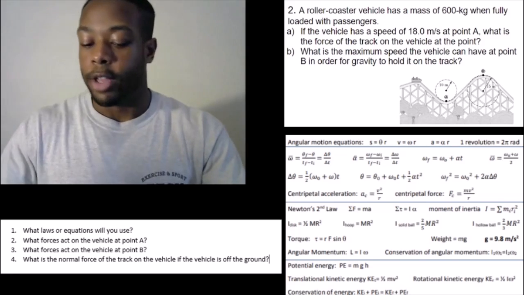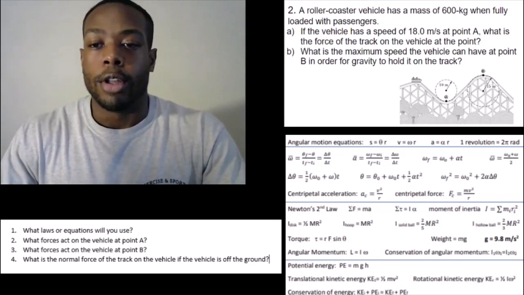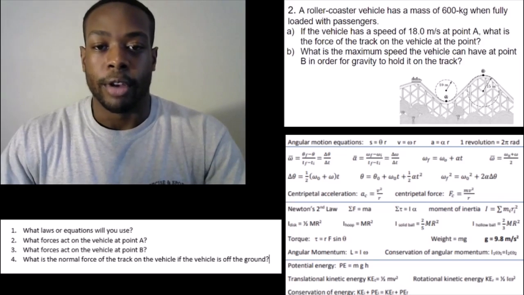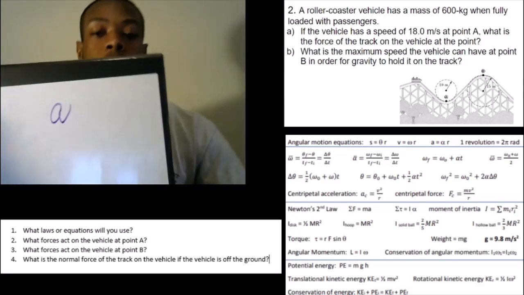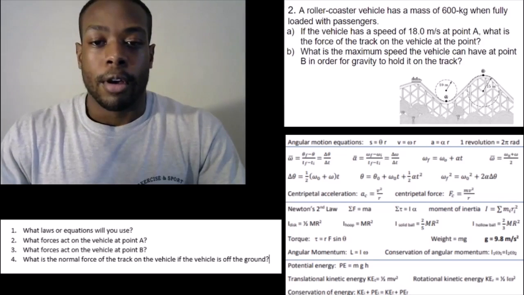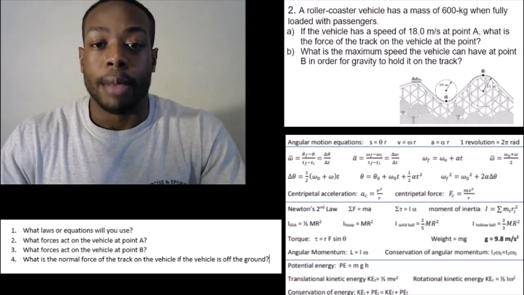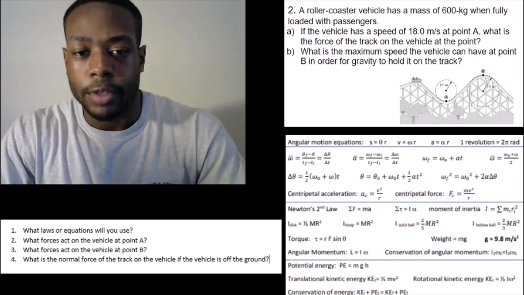One thing to consider though is this isn't your typical acceleration, is it? You're going to have to use centripetal acceleration. So it's going to be the fancy A, and that'll either be v squared over r or omega squared times r. So one of those. So you've got that.